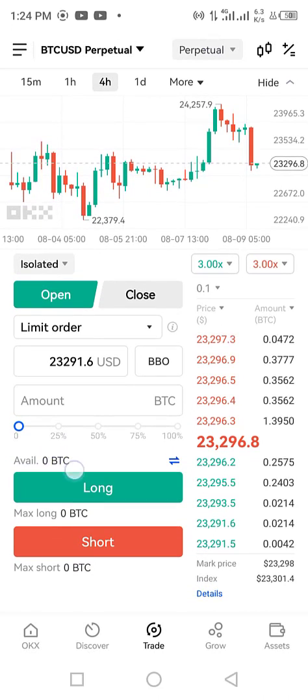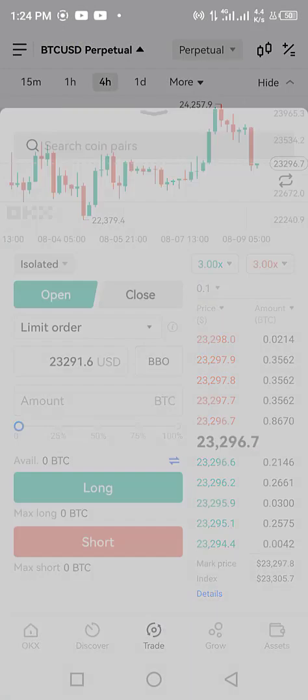So the difference between BTC USD and BTC USDT perpetual is that for BTC USD you're using BTC to trade, while for BTC USDT you're using USDT to trade. That means you must have USDT in your account.